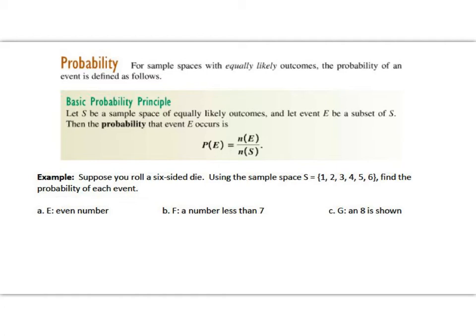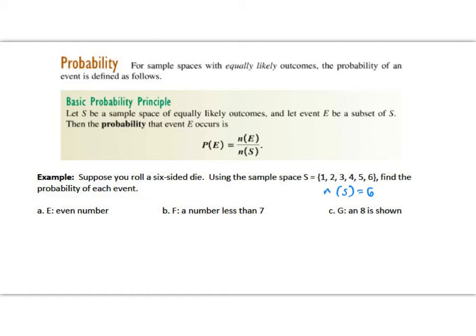So let's think about rolling a 6-sided die here. If we want to use that sample space of rolling a six-sided die, we know that the number of events in that sample space is 6. So that's going to be our denominator in each one of these fractions.